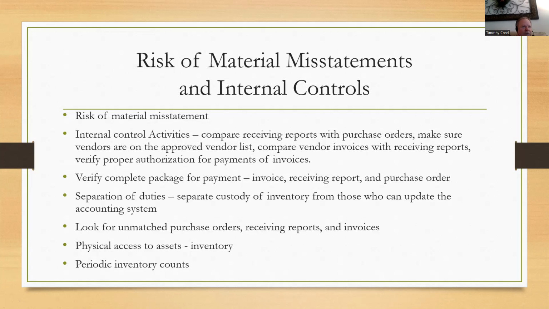Then this will be authorized and signed by someone who's in charge of accounts payable, and then sent out from there. But a way to verify internal controls is to verify that all of the checks had a complete package and everything matched, and it was properly authorized by someone who has authorization to sign checks.